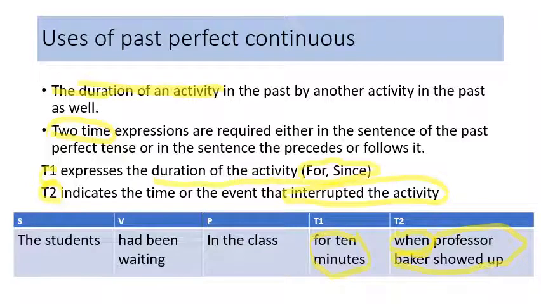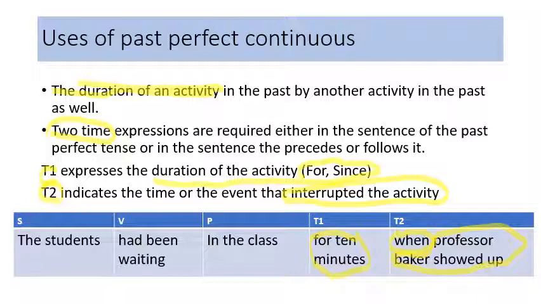Okay, when do I use the past perfect continuous? Let's talk about it in more detail. Like I said earlier, it's the duration of an activity. Duration, like a continuous activity, which is in the past, and it was interrupted by another activity, which is in the past as well.